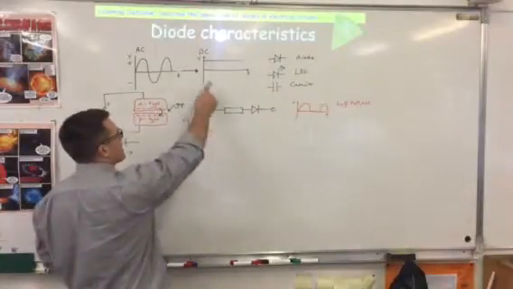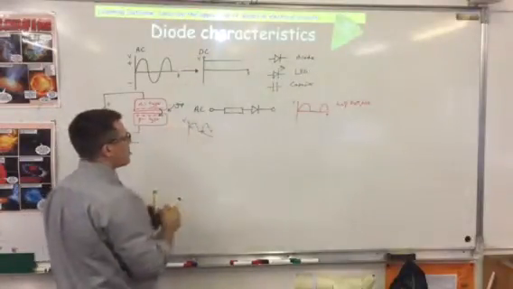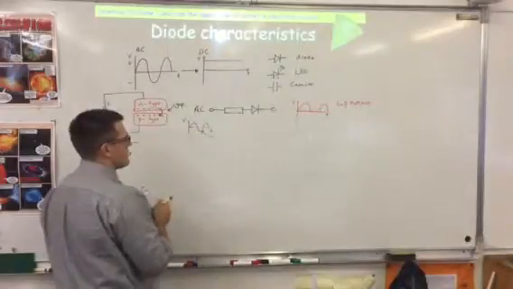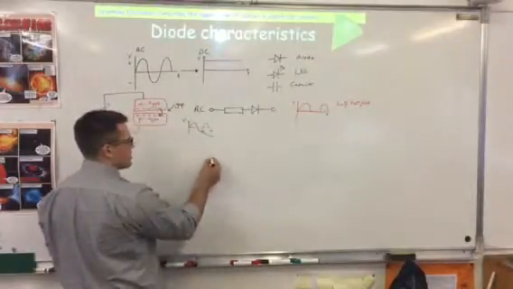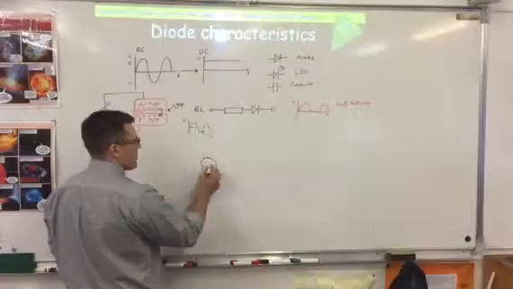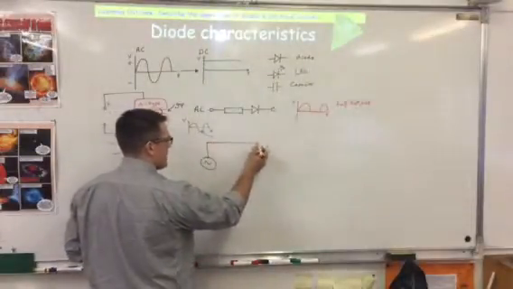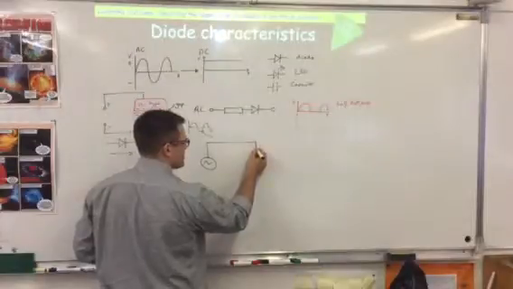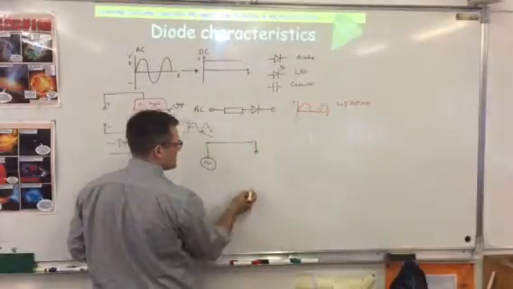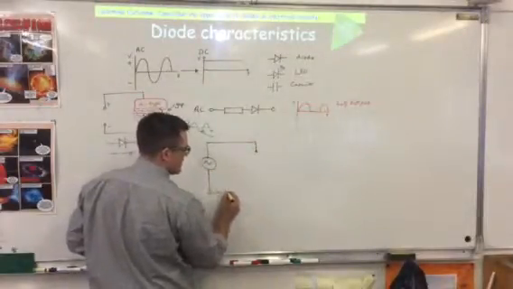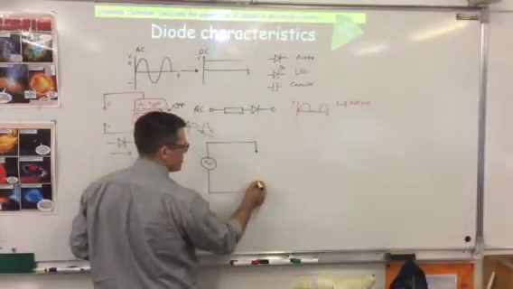What we've got to do to get to this point is use multiple diodes in conjunction with each other. So we use what is called a bridge circuit. I have an alternating current power supply, and it's connected to a bridge circuit. A bridge circuit is a circuit that consists of 4 diodes.